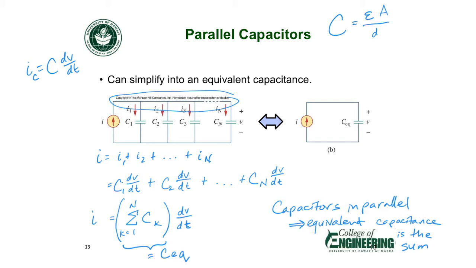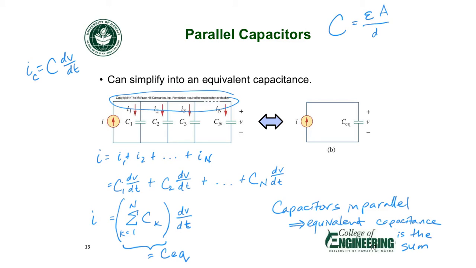Am I changing permittivity? I'm changing area, yeah. I'm not changing permittivity because they're all the same capacitor, all the same material between the plates. Permittivity is a material property. I'm not changing the distance between the plates because they're all the same capacitor. But by combining all of these capacitors in parallel, I am changing the area, right?